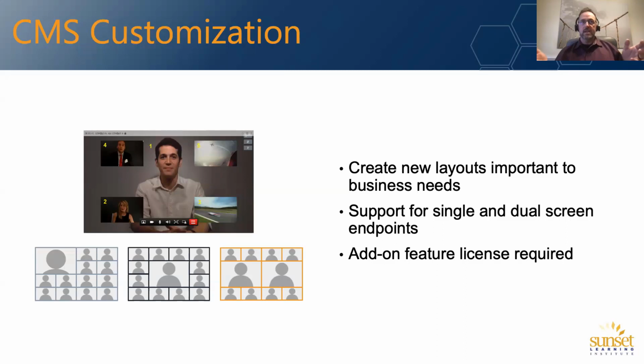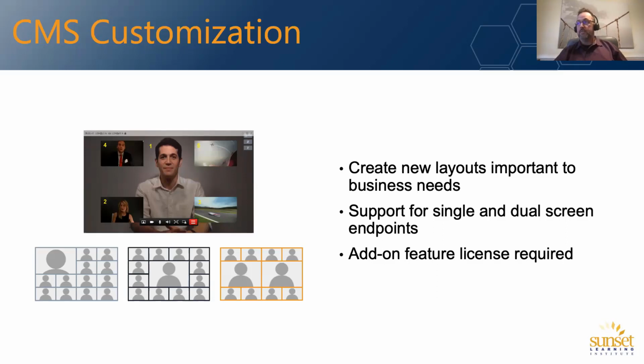So what they did is they built functionality through the API into the customization capabilities of CMS for customers to be able to go in and create their own layouts. And this is just one of the coolest things that I've seen.